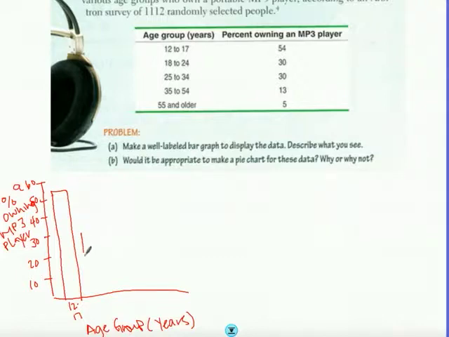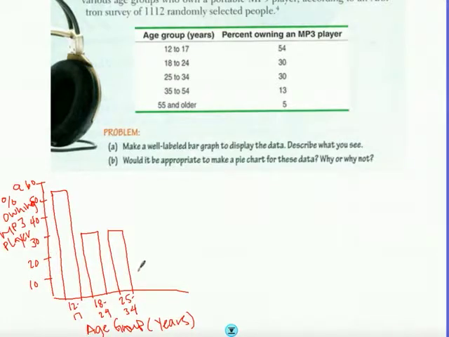So I'm going to make a little space, go to 30%, do my bar, and this is 18 to 24. 25 to 34 is also at 30%, so I'm going to go to about the same place and do 25 to 34. 35 to 54 is at 13%, so a little bit more than halfway between 10 and 20.